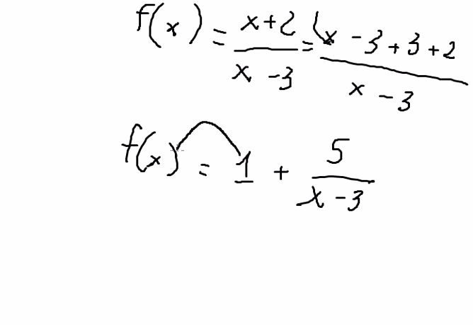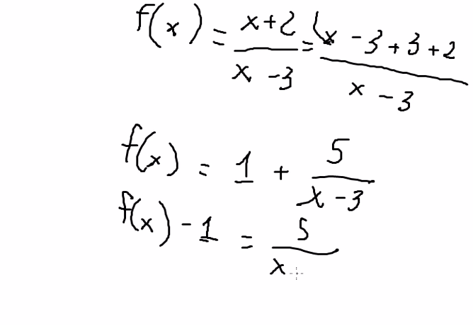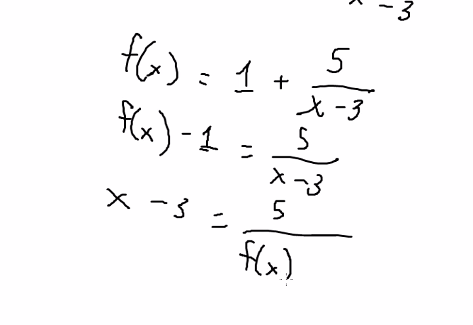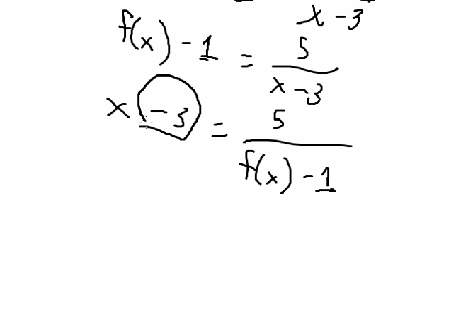Number 1 we move to the left, and this one we can swap this one and this one in here. We have negative number 3, we move to the right.